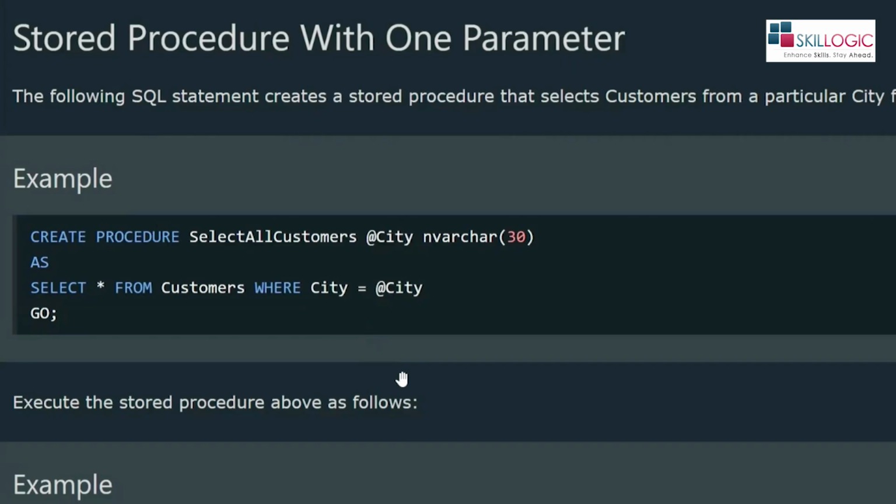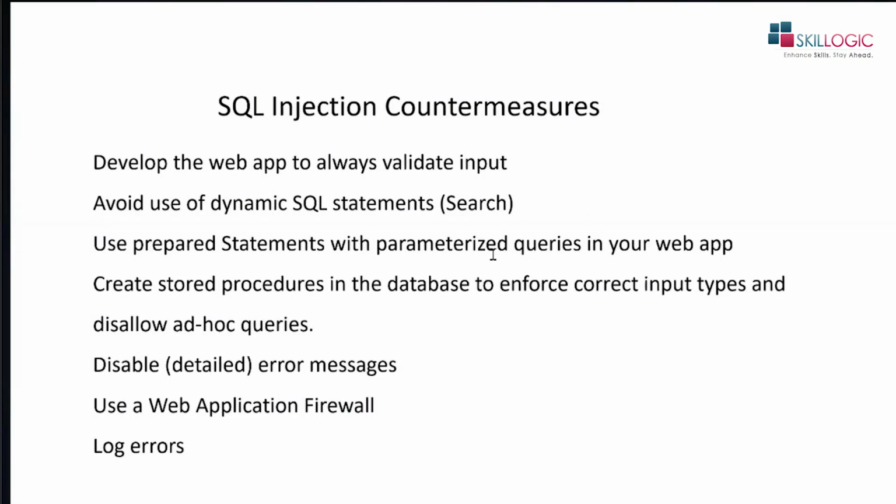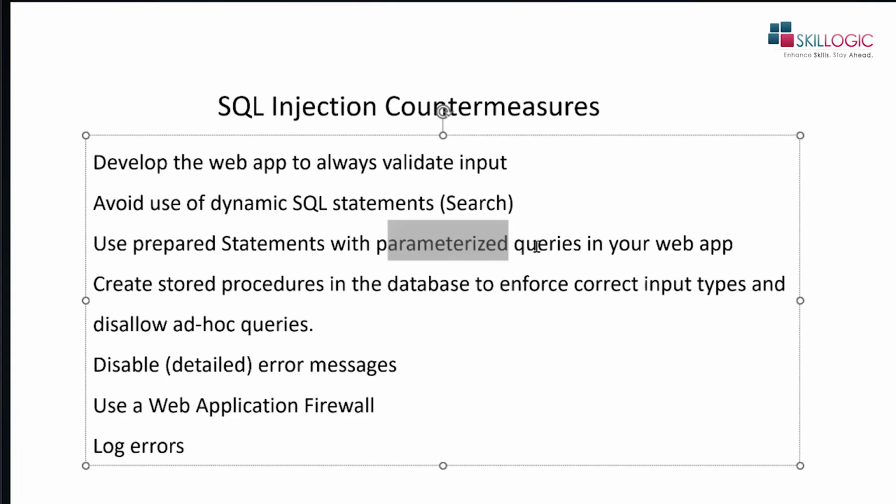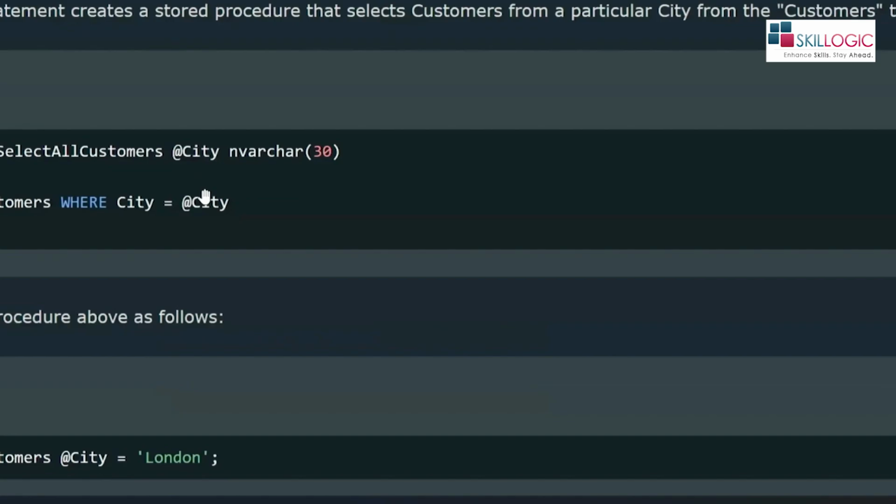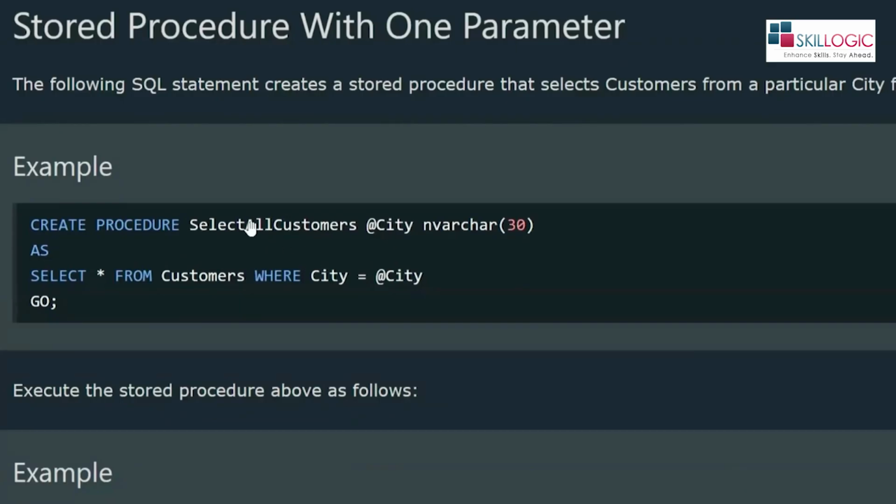Prepared statements with parameterized queries in your web app. Create stored procedures. What are these parameters? Here you can see, in this example, we have given a parameter city. Whatever argument we give, suppose this is London, it will be stored in this city parameter.